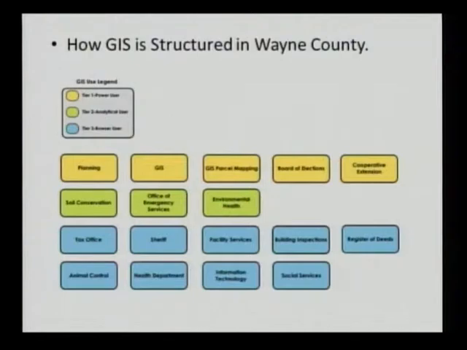So this model enables the individual departments to play a role in their utilization of the data and software available to them as they require. And of course, I provide the mapping support for all other departments that don't have a designated staff member.